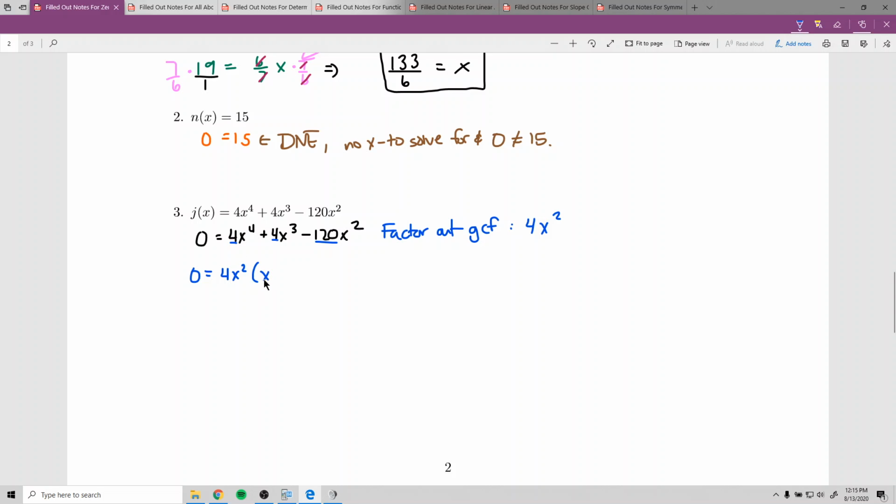Take 4x squared out of 4x cubed, and we're left with just x. Finally, if we take 4 out of 120, we have 30, and x squared out of x squared leaves no x's.